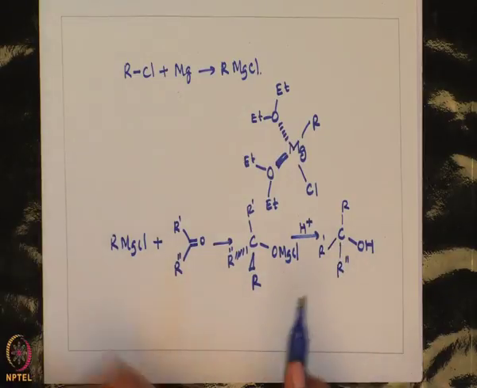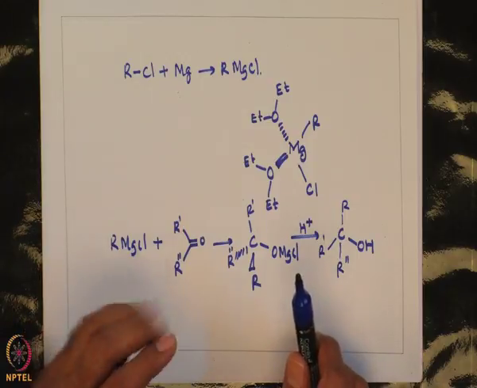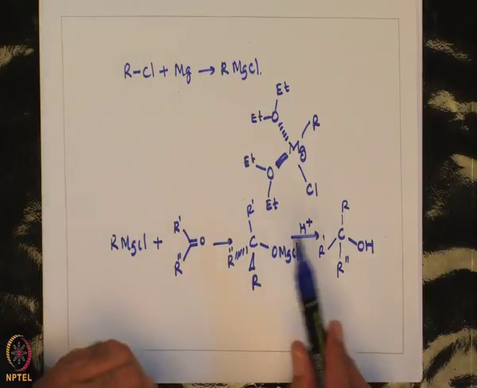So, treatment of a Grignard reagent with a ketone leads to the formation of a tertiary alcohol.